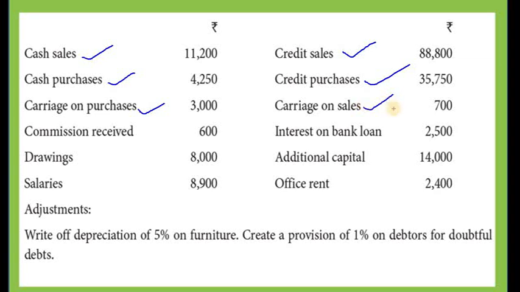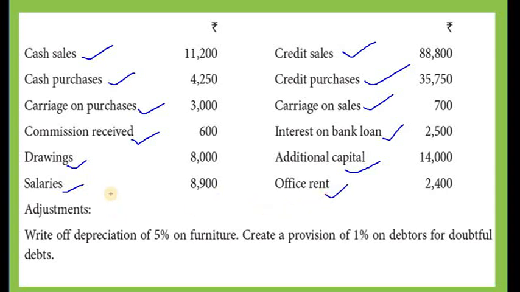If we have some expense that is related to sales or office expense, that will come in the profit and loss account. And we have information regarding commission received, interest on bank loan, drawings, additional capital, salaries, office rent.